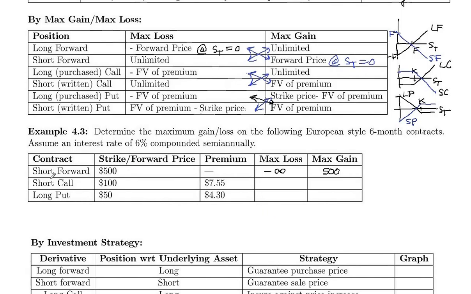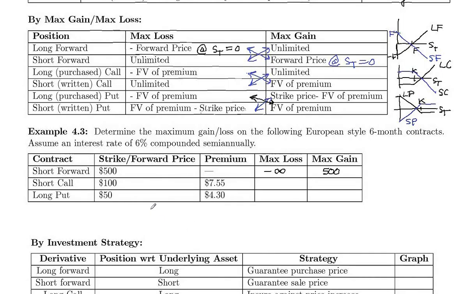Okay, what if you have a short call? The strike price is 100. The premium was 7.55, and now we have to take into consideration this 6% rate. Let's find the future value of these premiums ahead of time.